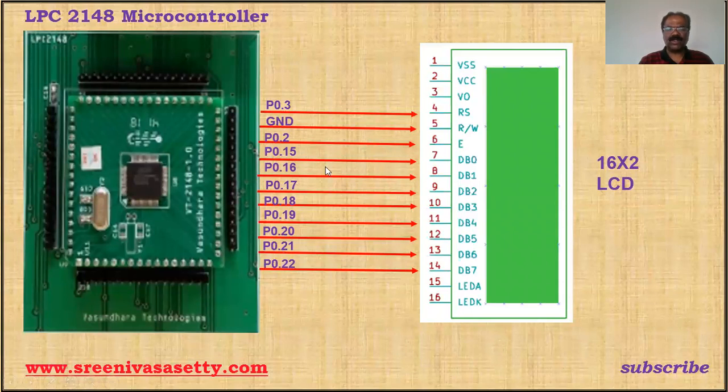And we have to configure all these pins as output. That is very, very important. With the help of the IO direction register, we have to configure P0.15 to P0.22 and P0.2 and P0.3 as output.